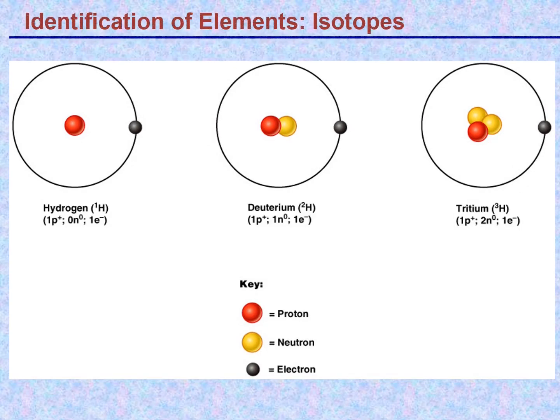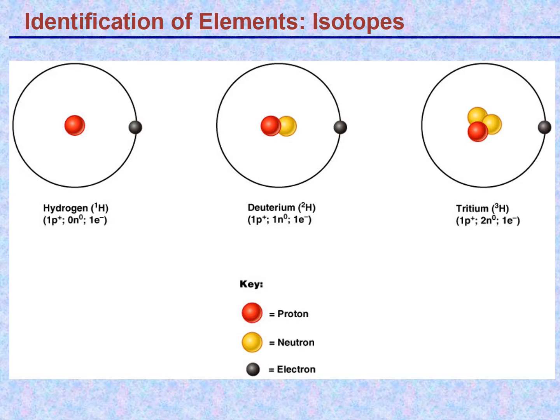There are 3 common isotopes of hydrogen that are found. Remember, isotopes will vary from each other in their neutron numbers. Most hydrogen, the vast majority of hydrogen in nature, does not have a neutron. Deuterium has 1 neutron, and therefore is heavier than hydrogen.